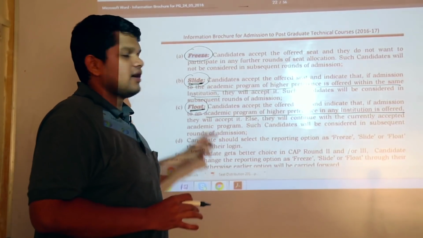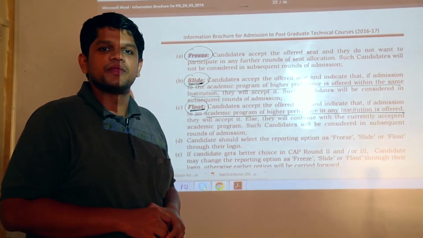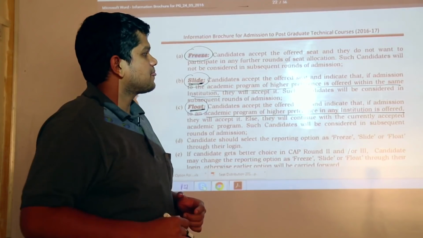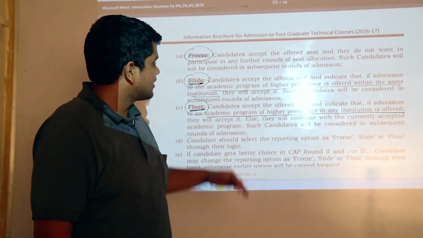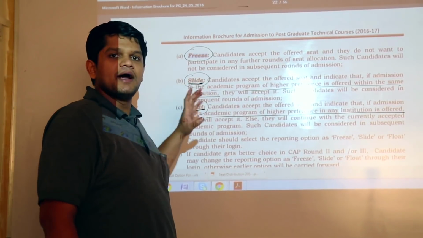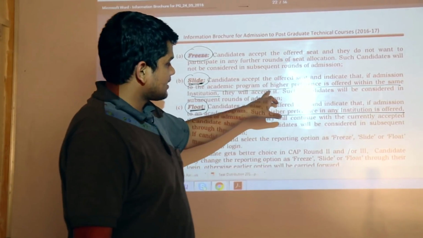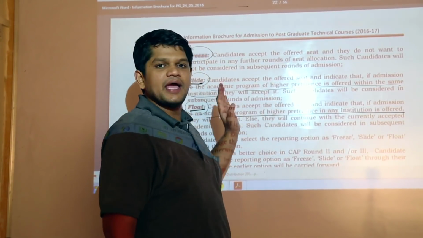We couldn't get any substantial information from them. So you can probably get a clear picture of what slide and float exactly are in the ARCs itself. Because these things are absolutely contradicting with your MBA entrance.